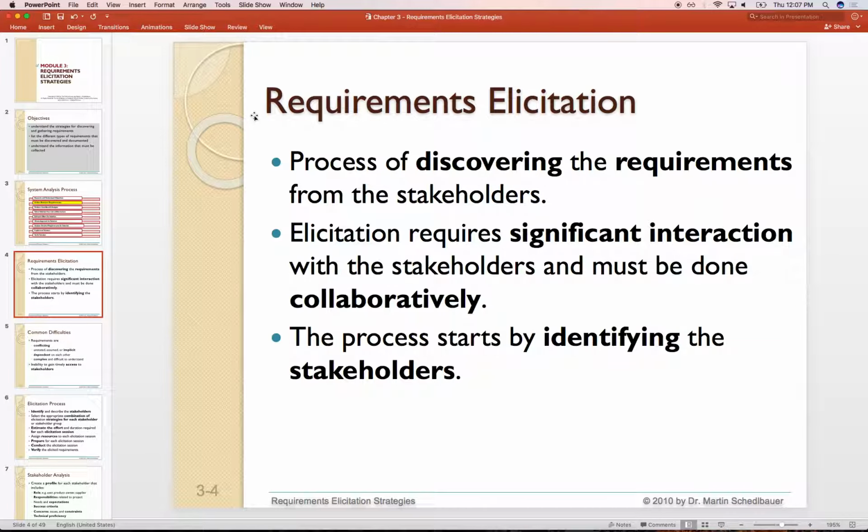So, requirements elicitation. The base idea is that we need to gather the requirements from the various stakeholders, or at least the folks that represent the stakeholders, and this is a very intensive human endeavor. You have to interact with humans, asking them questions.